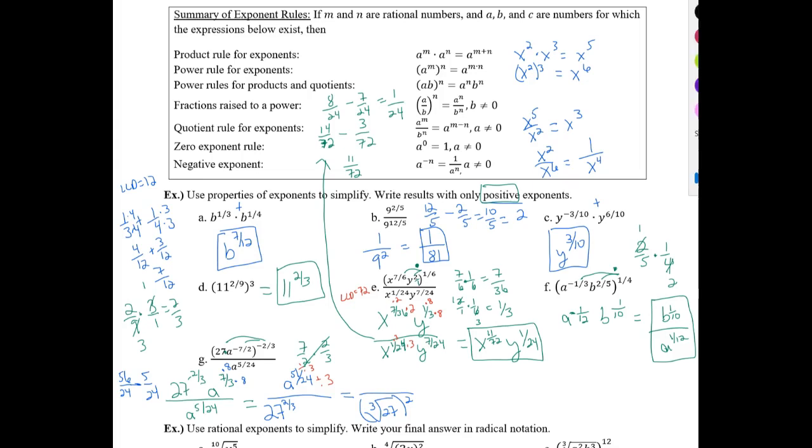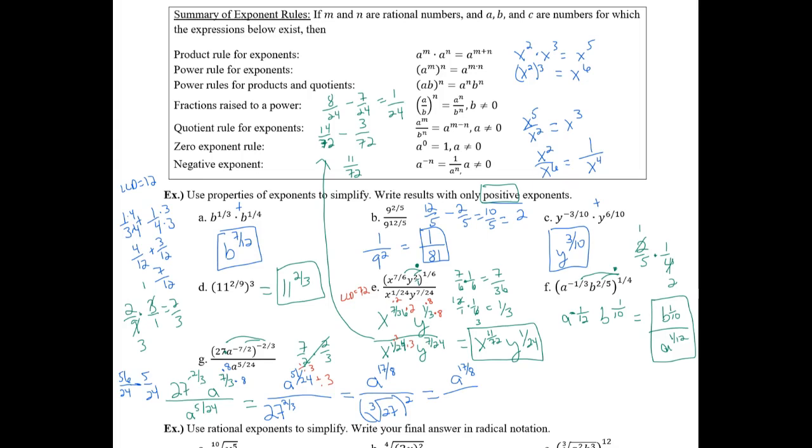And now I have a to what power? 51 divided by 3 is 17. And 24 divided by 3 is 8. Okay, so that part is done. A to the 17/8.